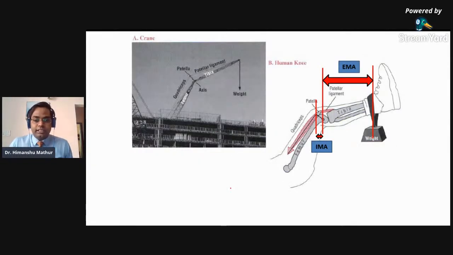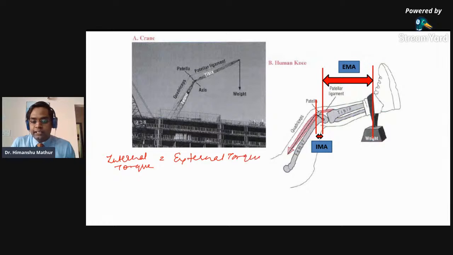In this position, the knee is in semi extension and in a static position, say around 70 degrees of knee flexion. Here the internal torque must be equal to the external torque.